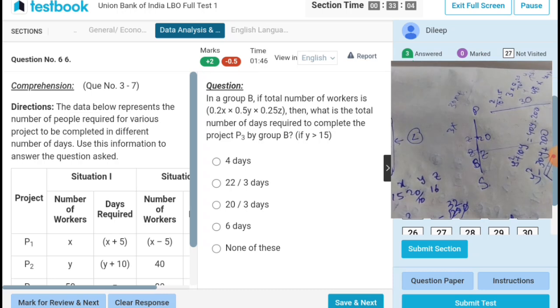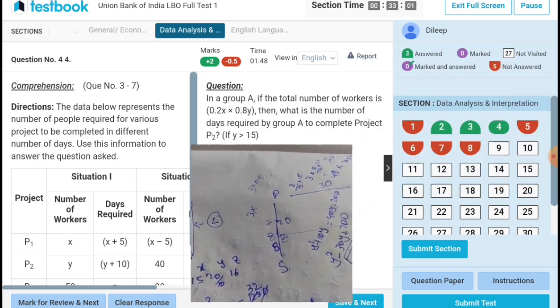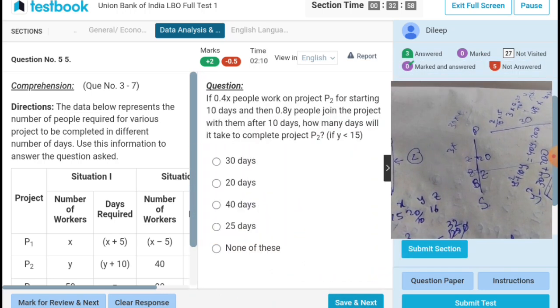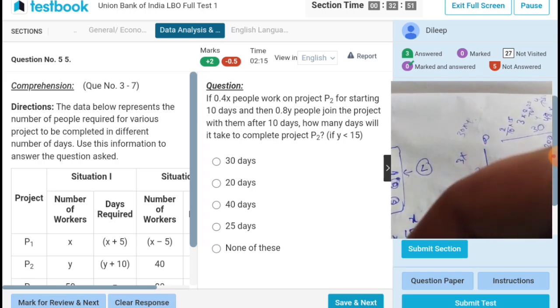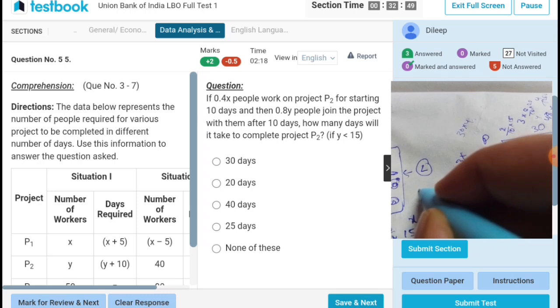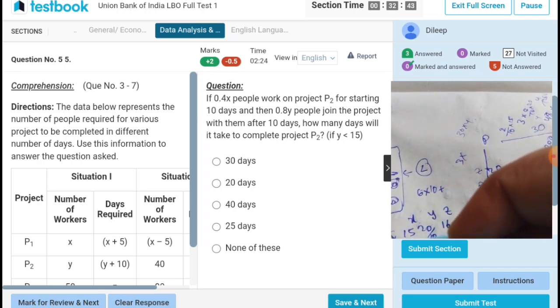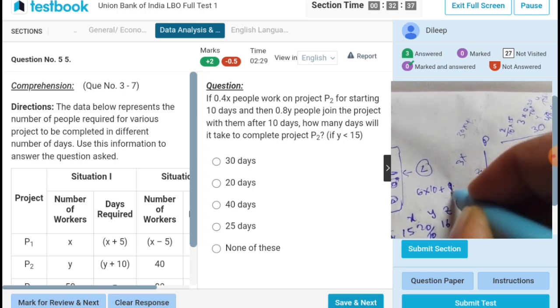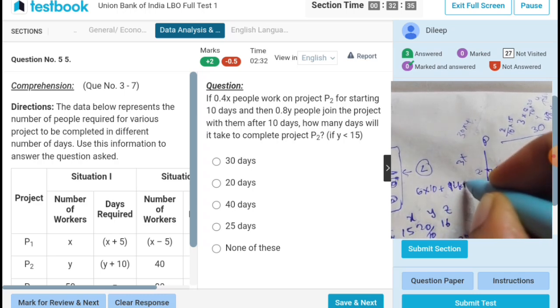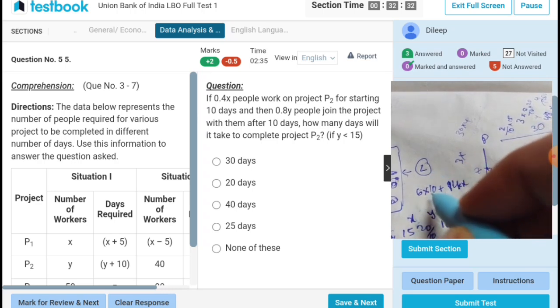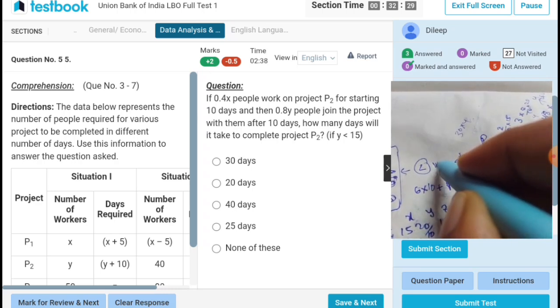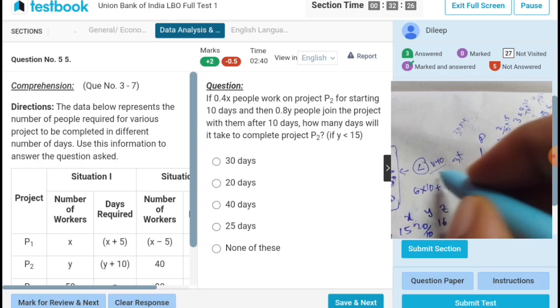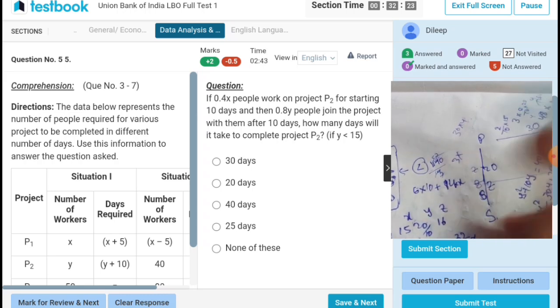So 32 by 3, 4 by 10x, 6, 8 people, 1140, so 57.